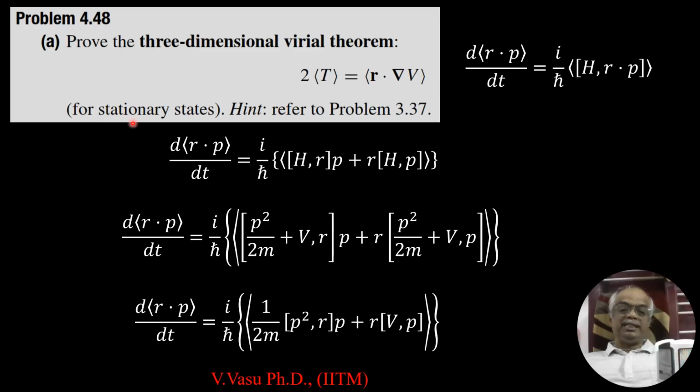For a stationary state, that is very important. So you take the time derivative of R dot P, and here you can see this R dot gradient V. What is the momentum operator? The momentum operator by definition is minus i h cross delta over delta x. This is nothing but the gradient in one dimension.